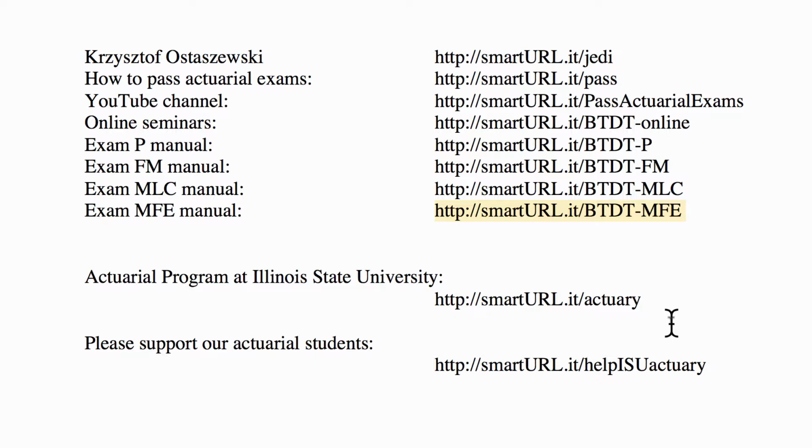BTDT stands for been there, done that. This is what you should be able to say every time you look at a problem when taking the test. You should be so familiar with all the topics and all the problems that when you look at a problem on a test, you know immediately what to do. You have so little time on the real actuarial exams that you can't have the luxury of thinking.